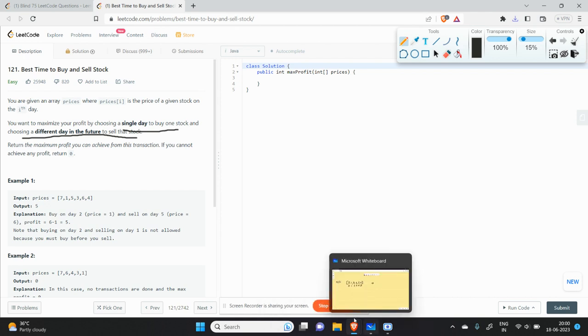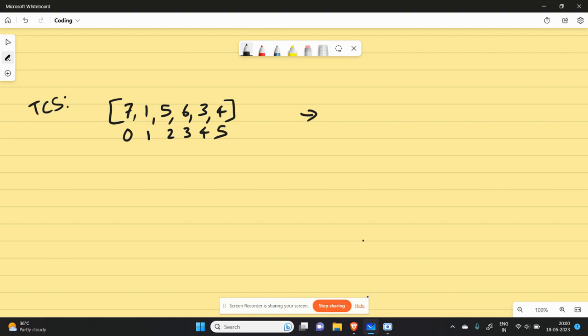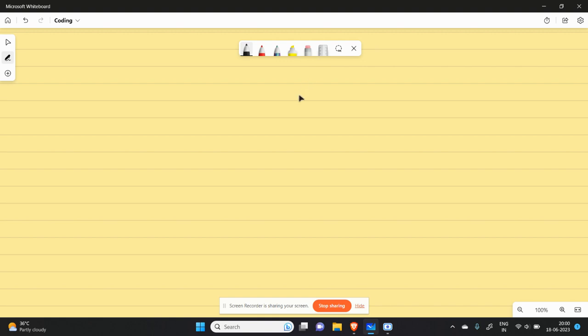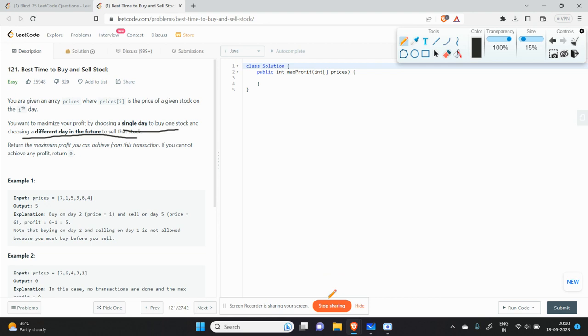Okay. So let's try to understand the problem statement a little bit. Let's spend some time there. So it is clearly mentioned in the problem statement, like this prices array is the prices of the stock on a particular day.